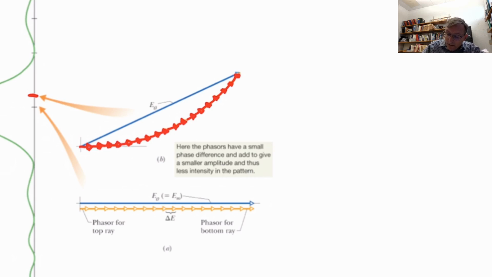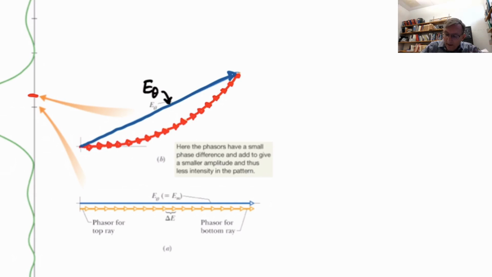And then to get the resultant, using the rule, treating those like vectors, I draw an arrow from the tail of the first to the tip of the last. And that length represents the amplitude E theta at that angle, theta. That's why they call it E sub theta. It's the net amplitude at that angle theta.